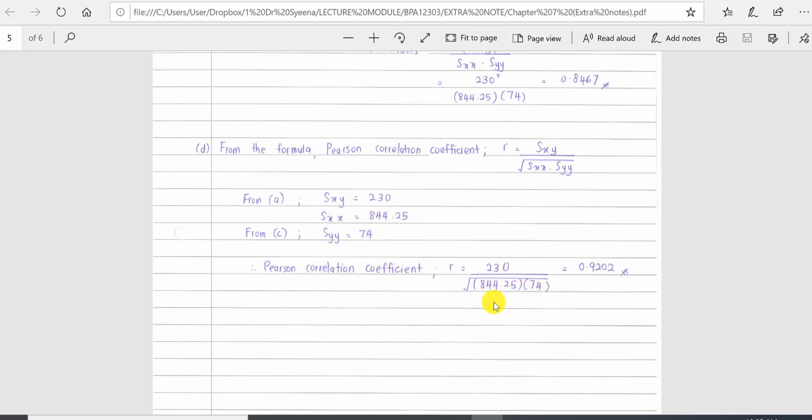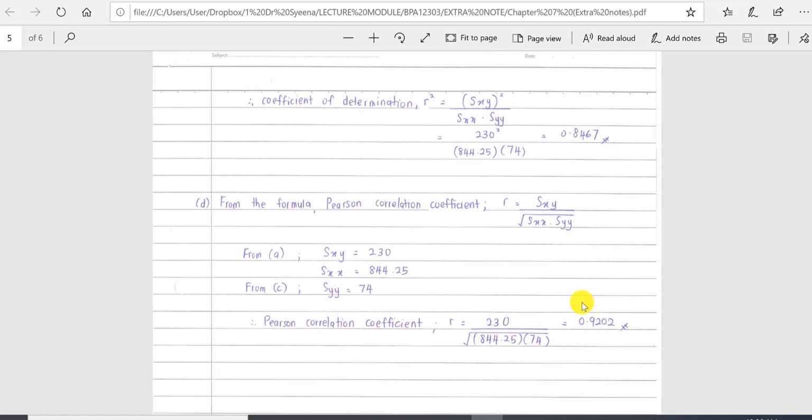We just substitute these values into the Pearson correlation coefficient formula, then we get 0.9202. So what does it mean? That means we get a strong positive correlation. So 0.92 is greater than 0.7, so it's considered a strong correlation, and we have the positive here. So that means strong positive correlation. So this is all about chapter 7 on the simple linear regression.